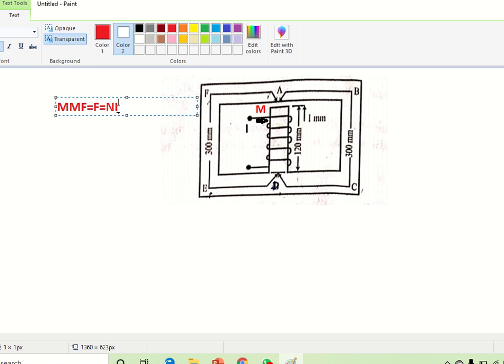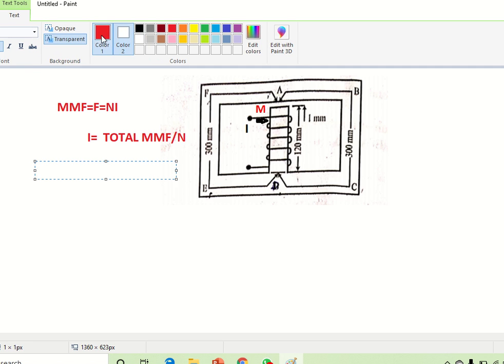So current I equal to total MMF, that is F, divided by number of turns N. How will you find the total MMF? The total MMF is N into I.